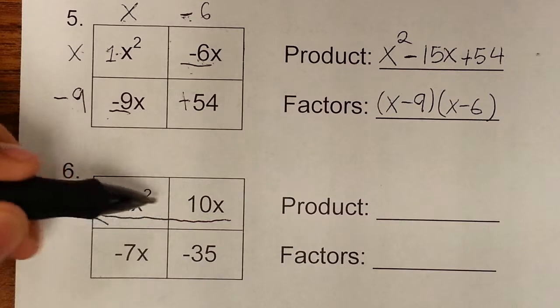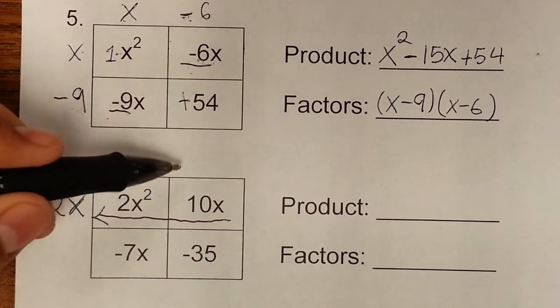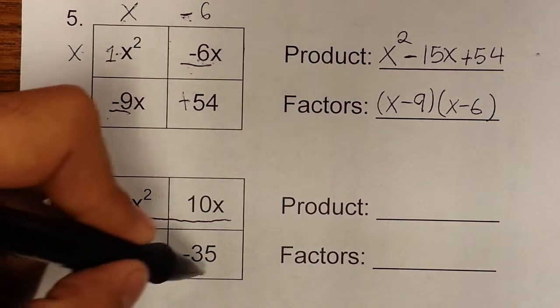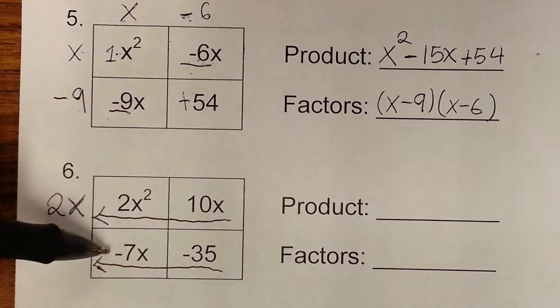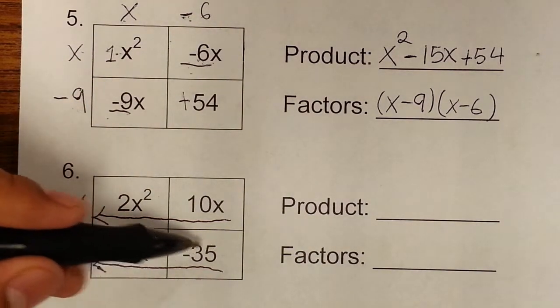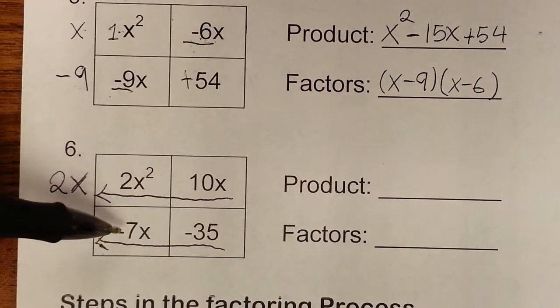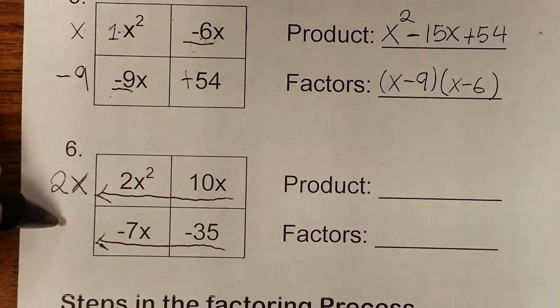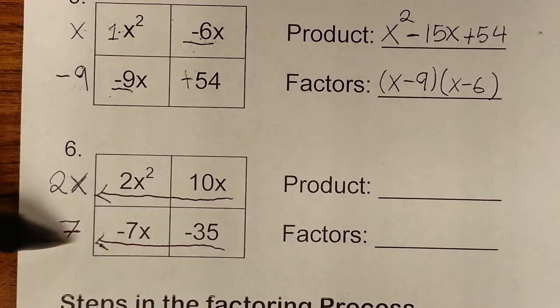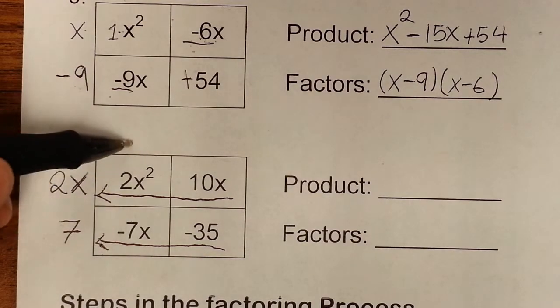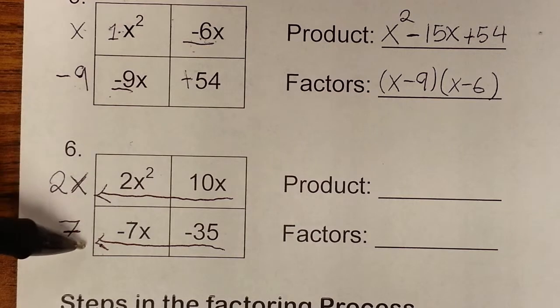We'll factor out what we need to factor out, and then we'll put the signs as necessary. For negative 7x and negative 35, I can factor out a 7. 7 goes into itself, and it also goes into 35. We'll worry about what sign it's going to be once we get all of the numbers across the top and the side.